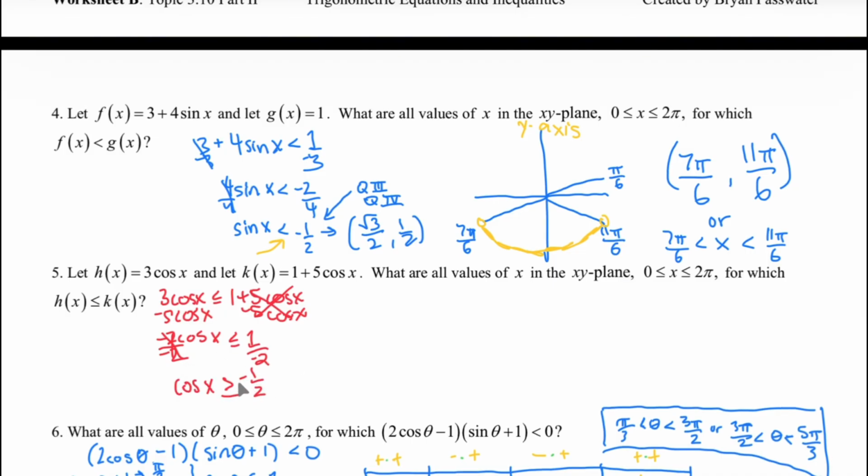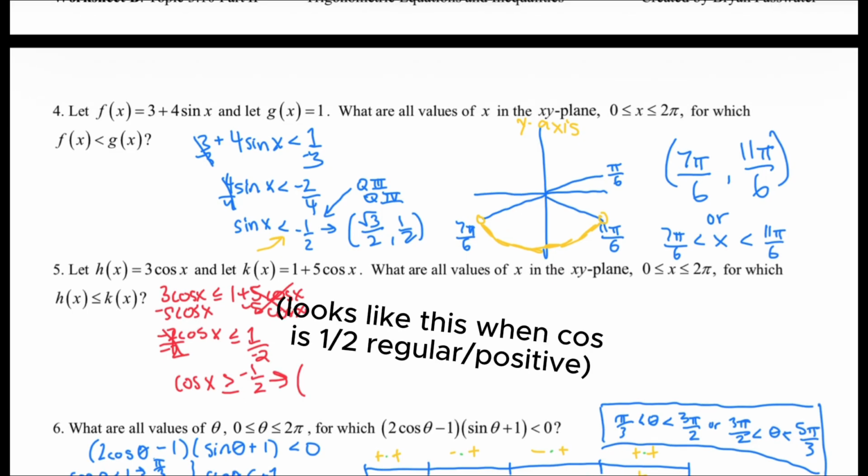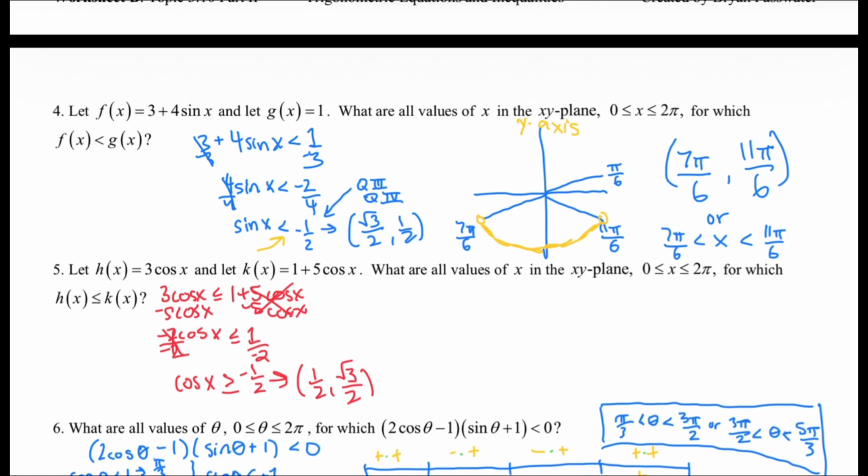Now we want to find out where on the unit circle cosine is 1/2. We know the coordinate should look like this, and we know cosine is negative in quadrant 2 and quadrant 3. So let's draw this. Right here is pi over 3.